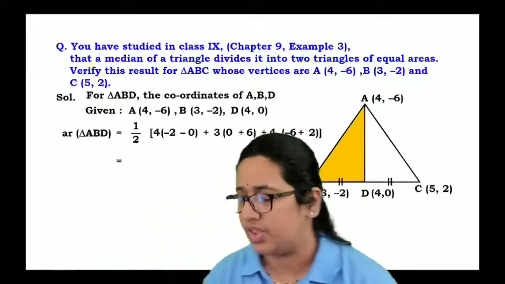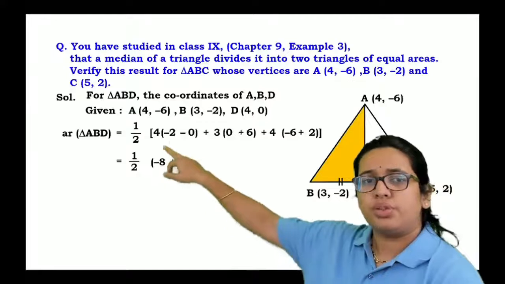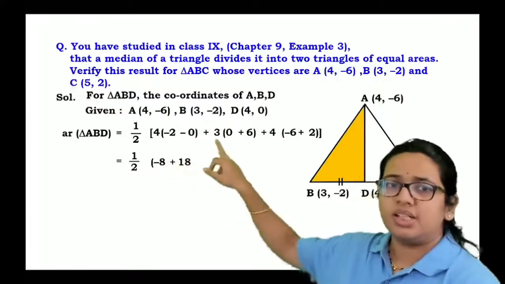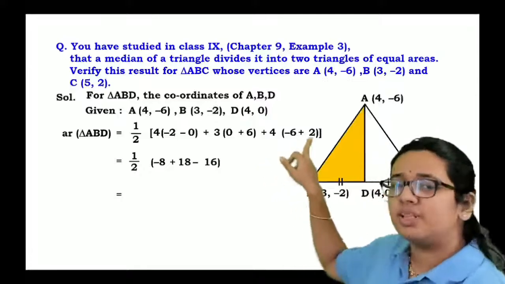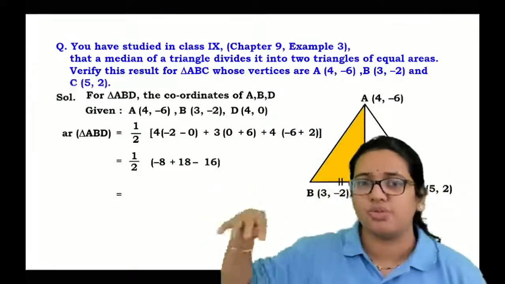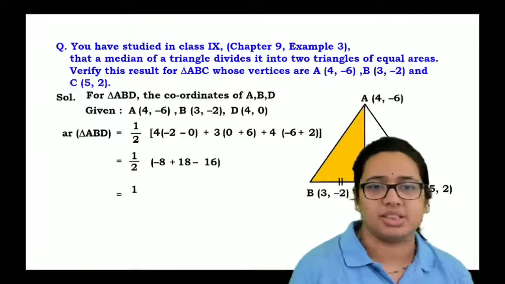Right? So we just have to simplify. 1 half into 4 into minus 2 is nothing but minus 8. 3 into 6 is nothing but 18. And minus 6 plus 2 will give us the answer minus 4. So minus 4 into plus 4, the answer will be minus 16.